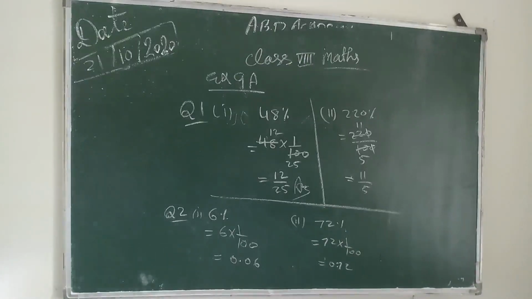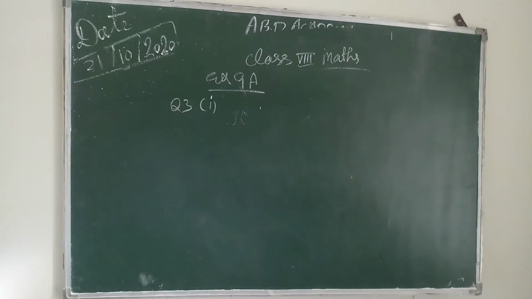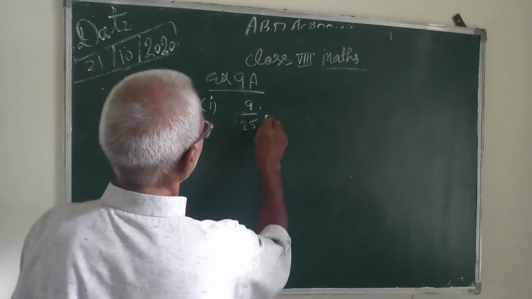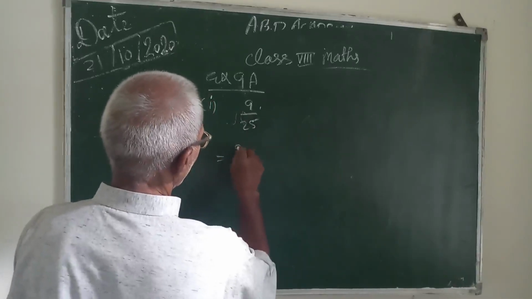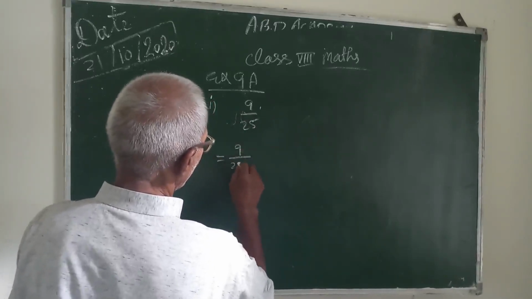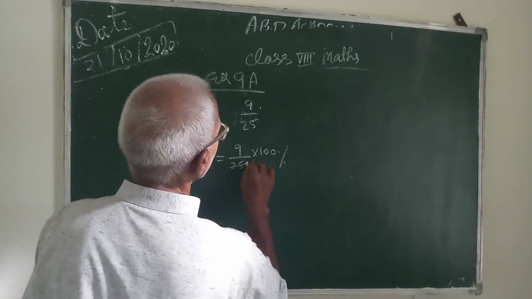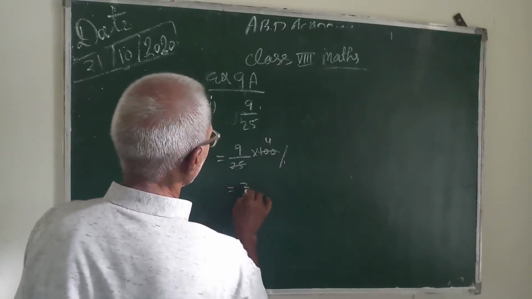Likewise, express as percentage. Here in question 3, a ratio is given, and it has to be changed into percentage. To change this ratio, 9 upon 25 is equal to 9 upon 25 into 100 and write percent. 25 times 4 is 100, so it becomes 36%.